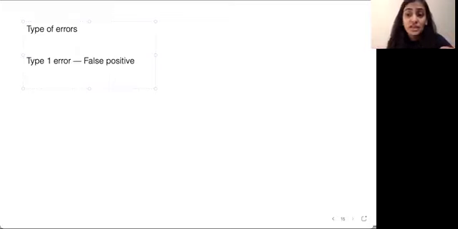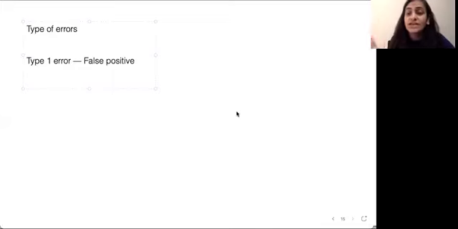That means you rejected the null hypothesis when it was actually true. That means your study was not really showing the results that were supposed to be shown, but yet you went ahead and rejected the null hypothesis. Is this an error? It is an error when you're rejecting something that should not be rejected. That is true. That's why we call it a false positive error.